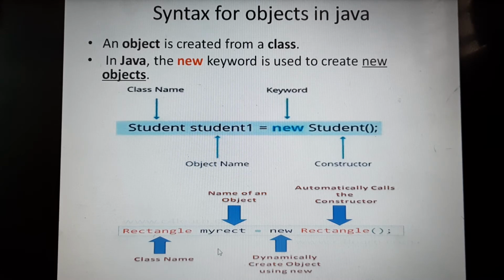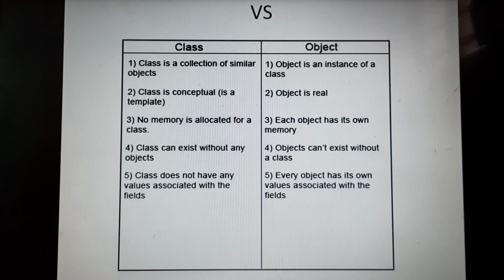So now we have learned how to define a class and how to define its object. The syntax is already given. Whenever we learn the details, we will also do such practical classes on our system.